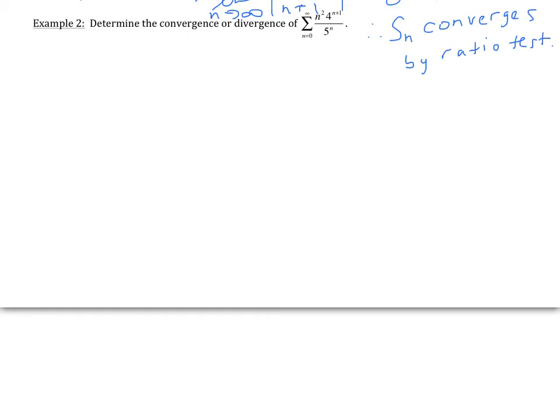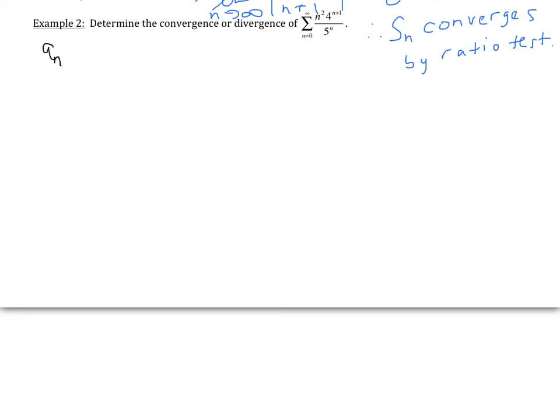So this is another one where we have very quickly growing terms, these are exponentials, and we have 4 on top, 5 on the bottom, but we have different exponents, plus we have that n squared. So this is one that could be a little difficult to figure out just looking at it and reasoning through. So since these terms will be positive, we can use the ratio test.